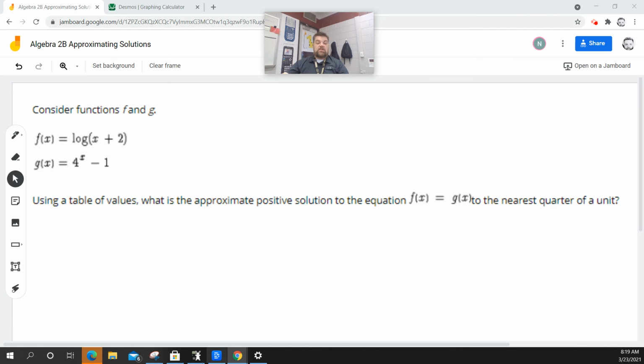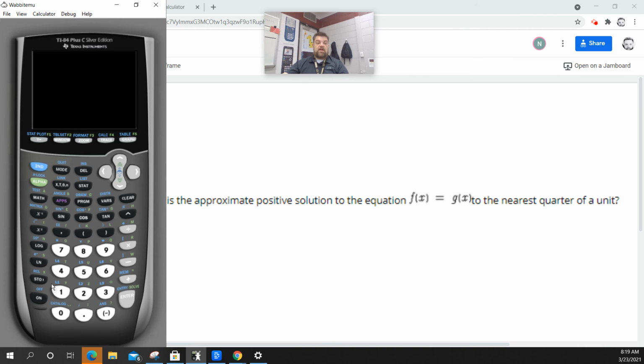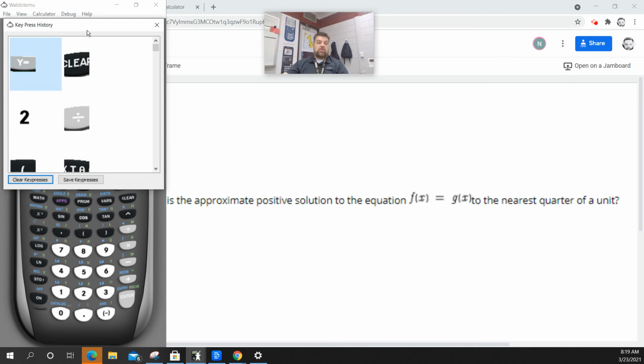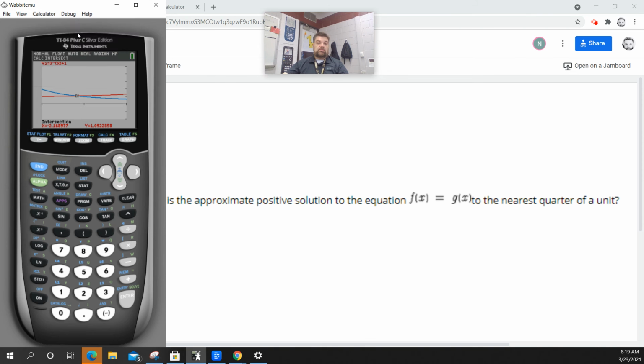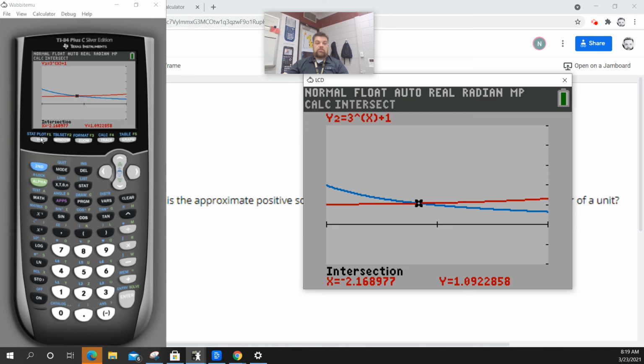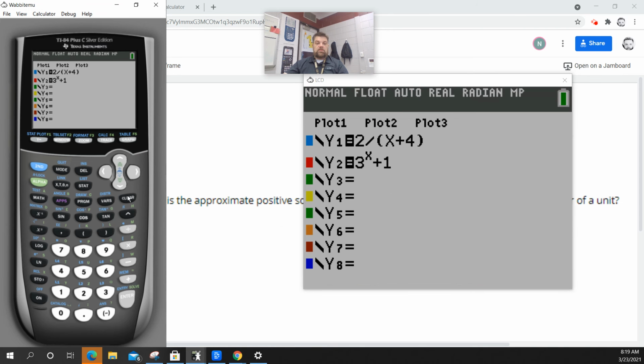So what I need to do is I just need to graph these. So I'm going to graph these real quick, and then I'm going to find out, well, you'll see. Let me just go through the process here. So we'll go to y equals, clear this out, and I'm going to type in log of x plus 2.